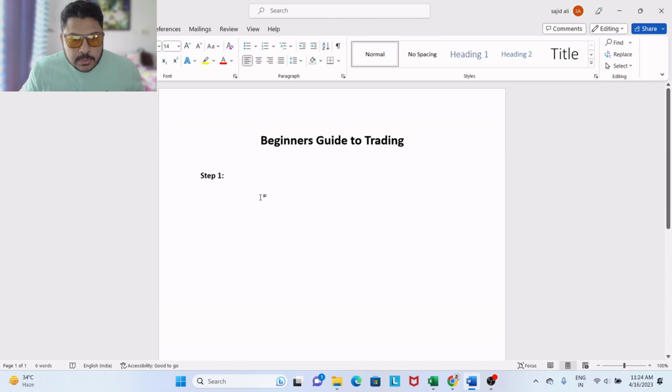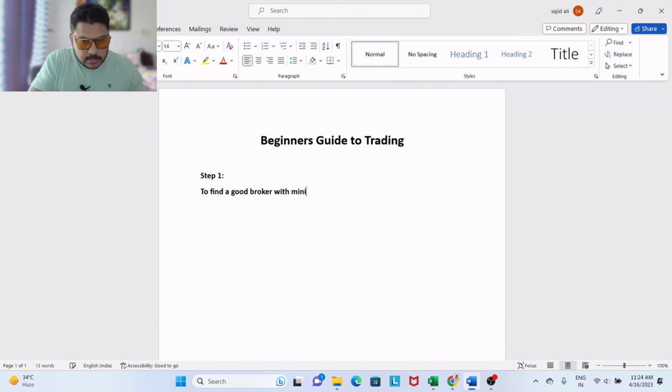Okay. So step number 1 is you need to find a good broker with minimal charges and good charting software. This is very important because initially, when you're learning trading, you need to save money on brokerage.